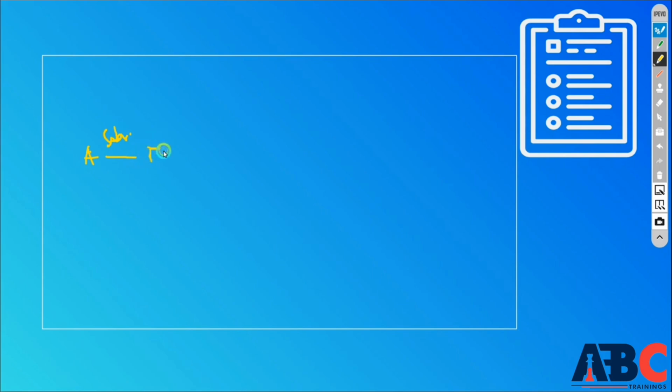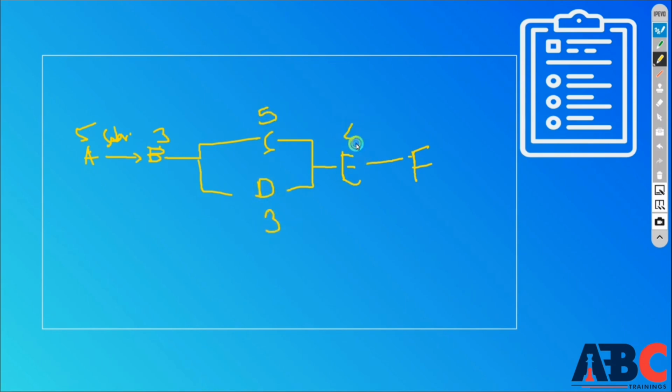After that, its successor activity is B. Then its successor activities are 2 activities, one is C and the other is D. After that, the successor activity for both is E. The next activity is F. As we saw in the middle, the duration is 5 days, this is 3 days and this is 4 days. So this is for 4 days and this is for 2 days.